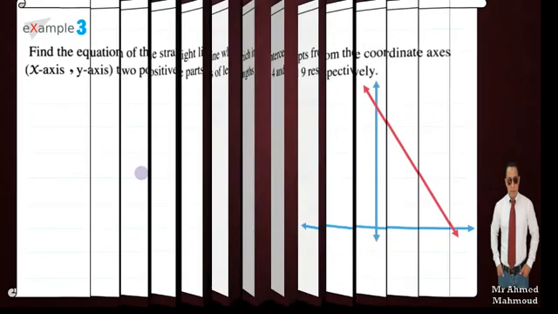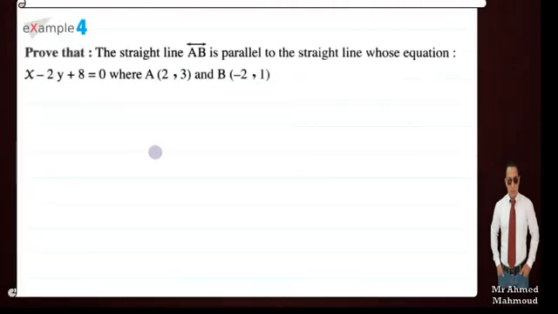Example 4. In this example, prove that the straight line AB, whose equation is x minus 2y plus 8 equals 0, where A is (2, 3) and B is (-1, ...), is parallel to the straight line passing through the given points, whose equation is this one.